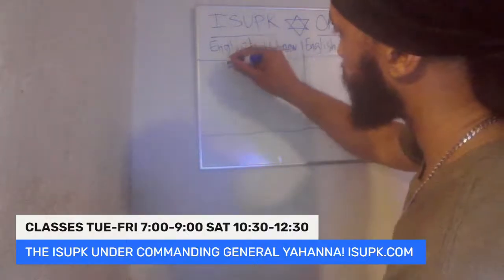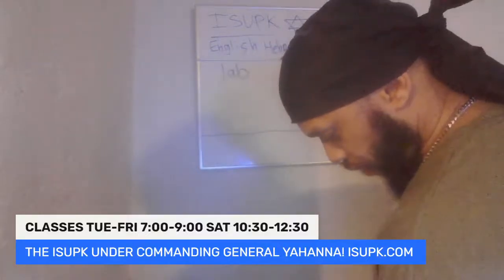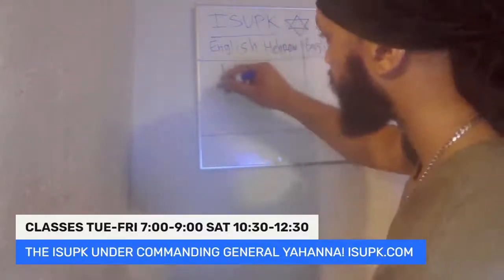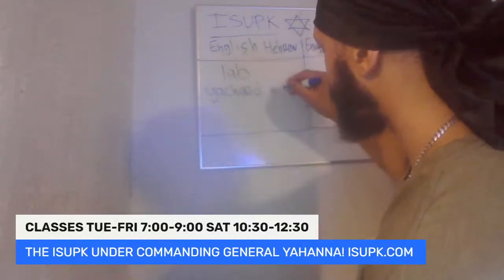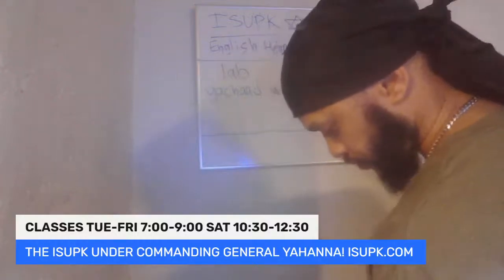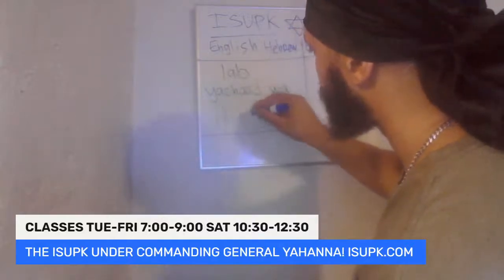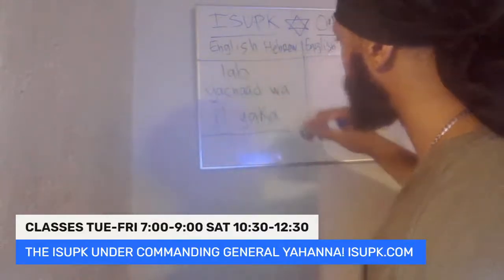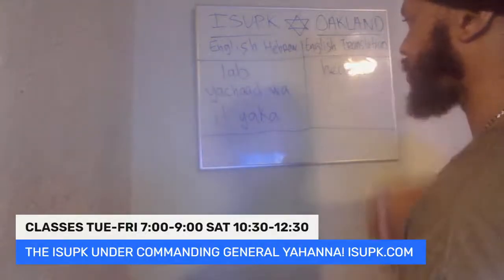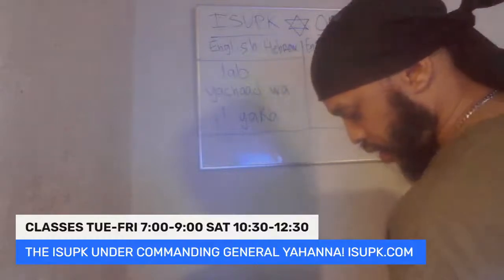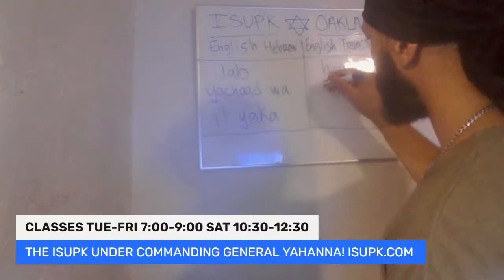Lab. Yakadwa. Alyaka. Okay. So Lab is hearts. Yakadwa is together. Yakad is together.